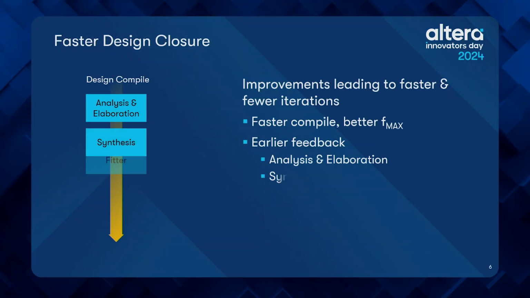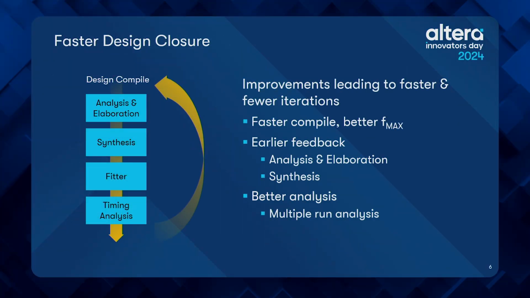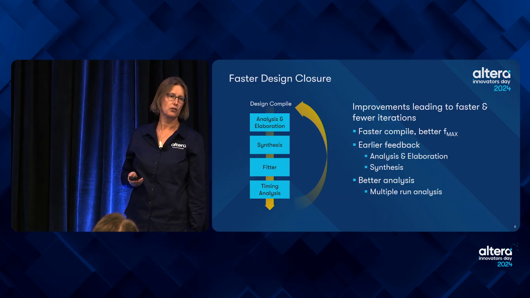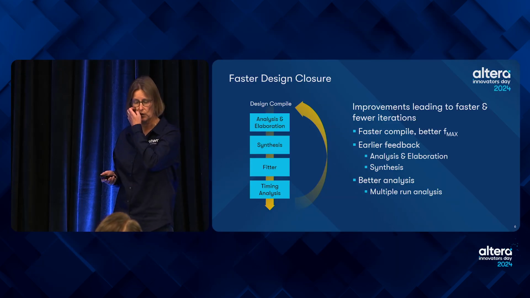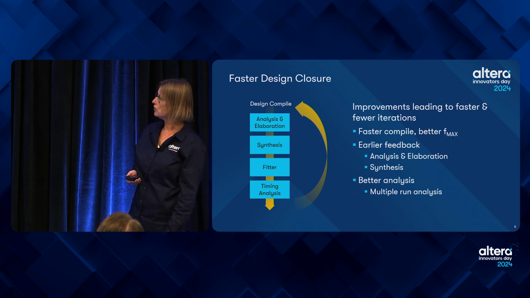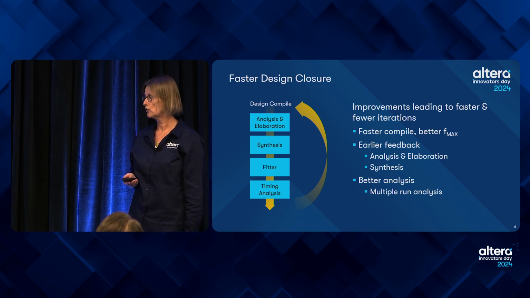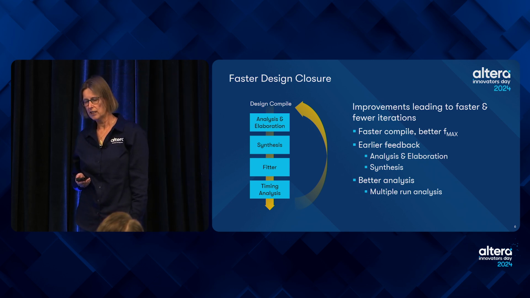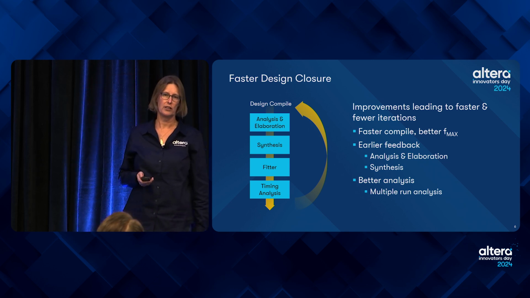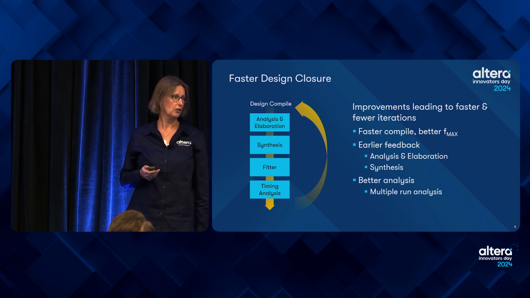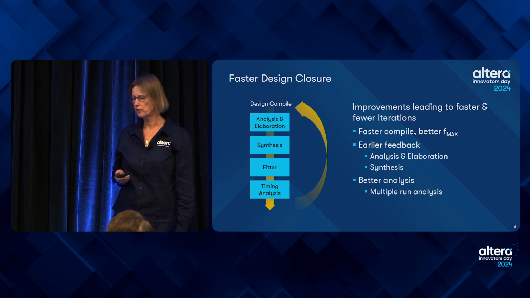So moving on to faster design closure. On the left is a flow diagram of how you would take your design through a compile in Quartus. You start with your Verilog and VHDL and your timing constraints and other assignments. The first stage of the compile is analysis and elaboration, which takes the Verilog and VHDL and converts it to a netlist of primitives. Second, synthesis takes this netlist and optimizes it for logic depth, Fmax, and also logic utilization.